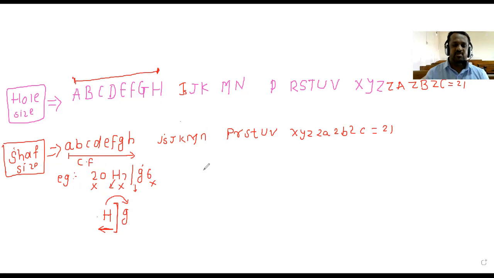The type of that fit is the clearance fit. Understood or not?